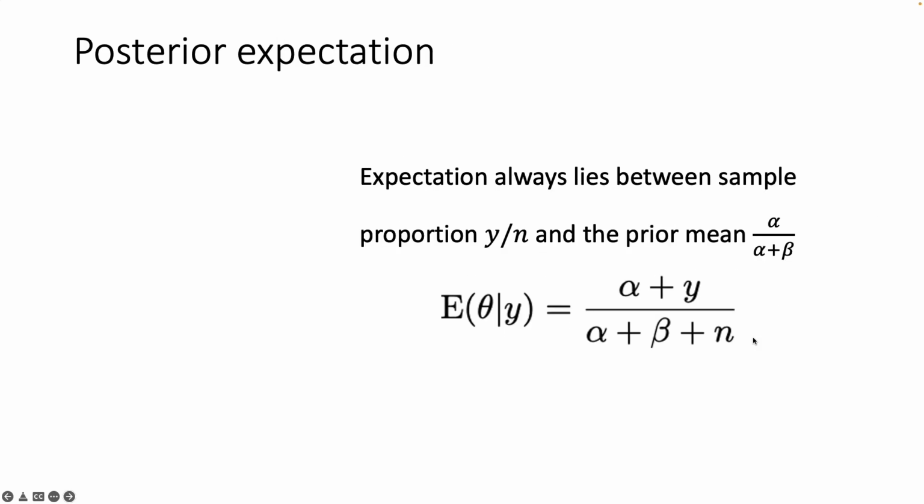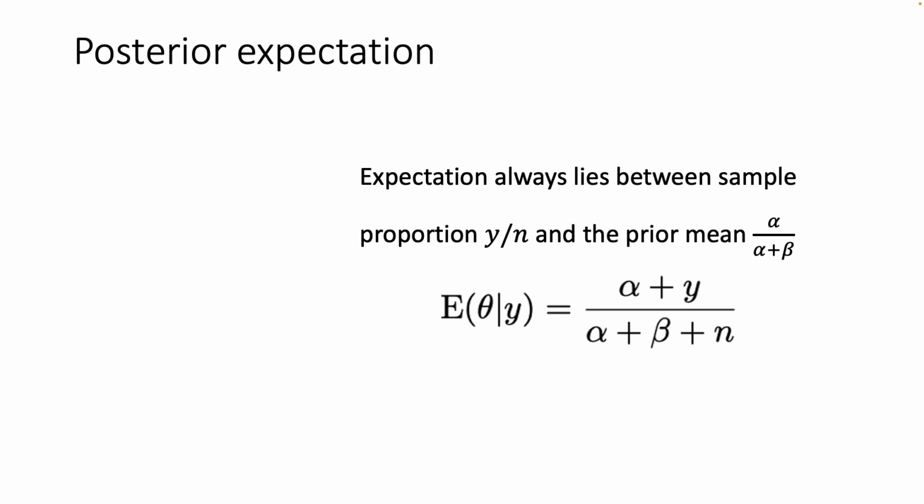And again, we can compute the expectation, and this expectation has a very interesting aspect, as you can see here. This expectation has a form that will take values between the sample proportion and the prior mean, depending on the number of samples in both cases, so either n or alpha plus beta. Depending on the situation, one part will dominate.